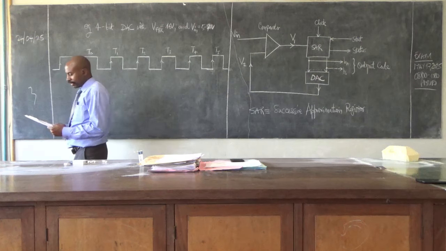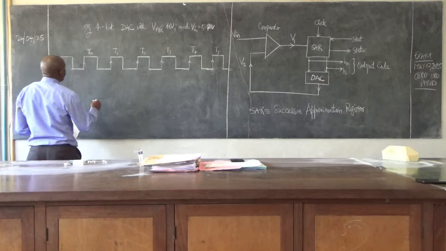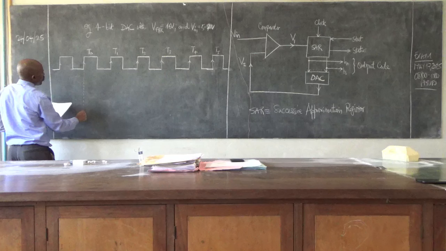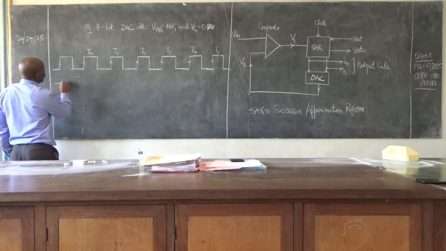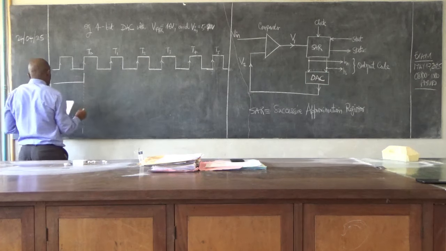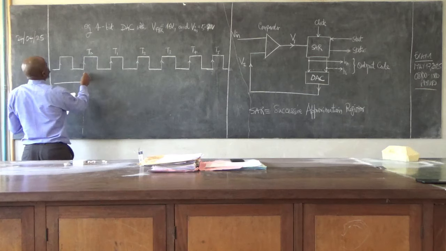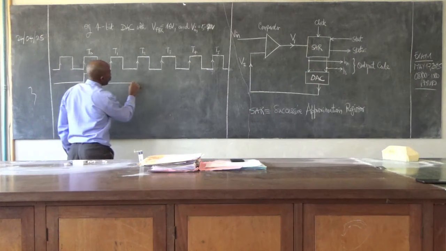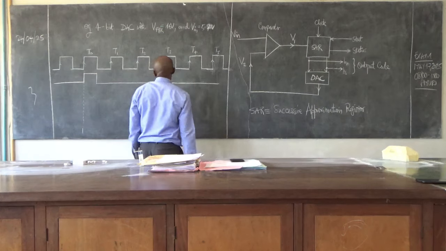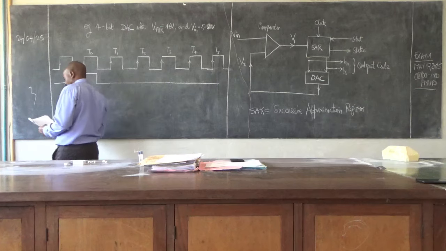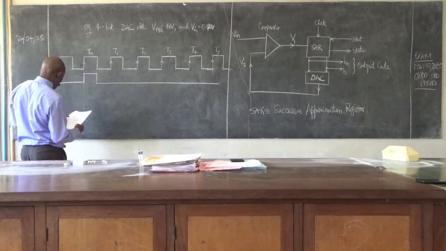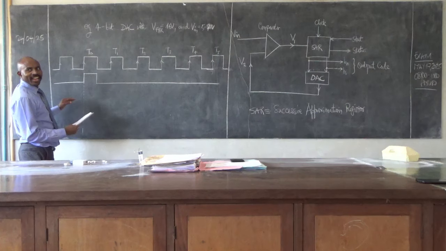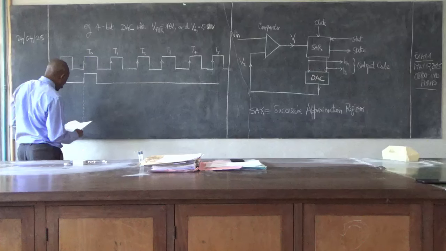So at the start, we keep it at T0 here. So we have a pulse here for the start. I'll have to draw the 6 of them.